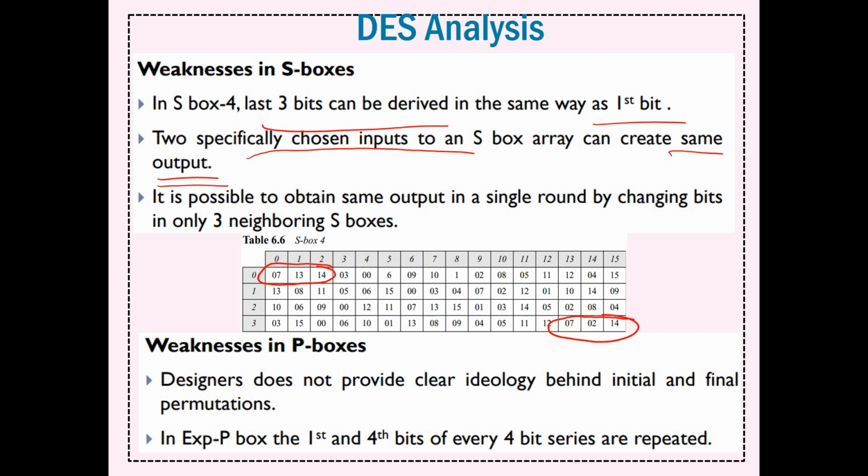On the other hand, when you consider the P box, the problem, as you can see in the first line, and that is another disadvantage of DES, is that the designer doesn't provide a clear idea about the initial and the final permutation.